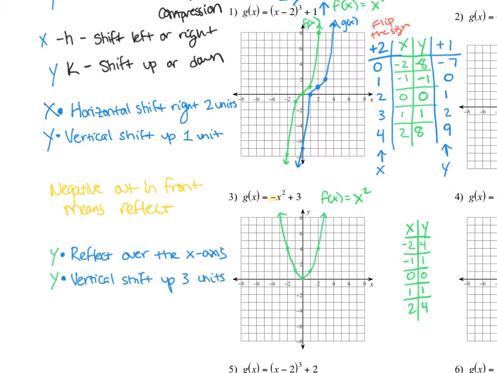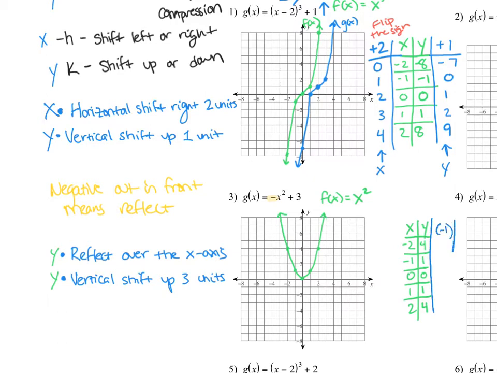So what I want to do first is reflect over the x-axis. Now I know it says x-axis, but if we're going to reflect over the x-axis, it means we're going up here to down here. So it's going from positive y values to negative y values. So I'm first going to multiply my y values by a -1.